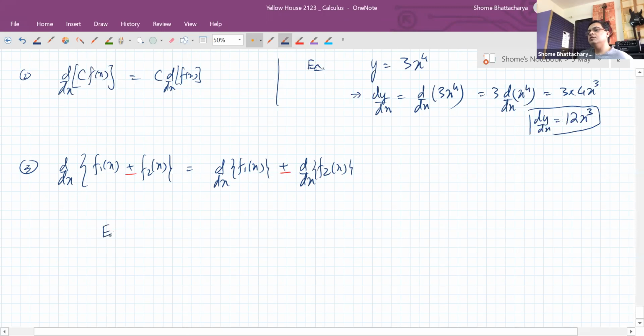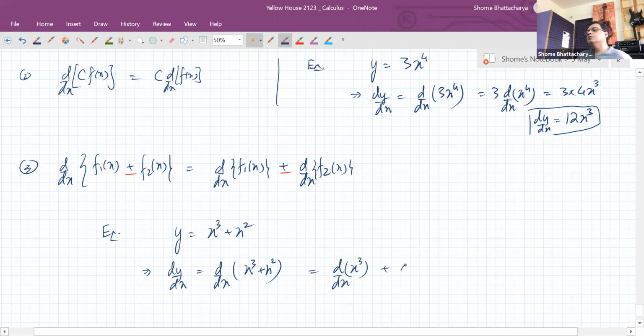So for example, if y is equal to x cube plus x square, then dy by dx will become differentiation operator applied to x cube plus x square. From the above principle, like a distributive principle, it will become differentiation of x cube plus differentiation of x square. And then we apply the x to the power n rule.